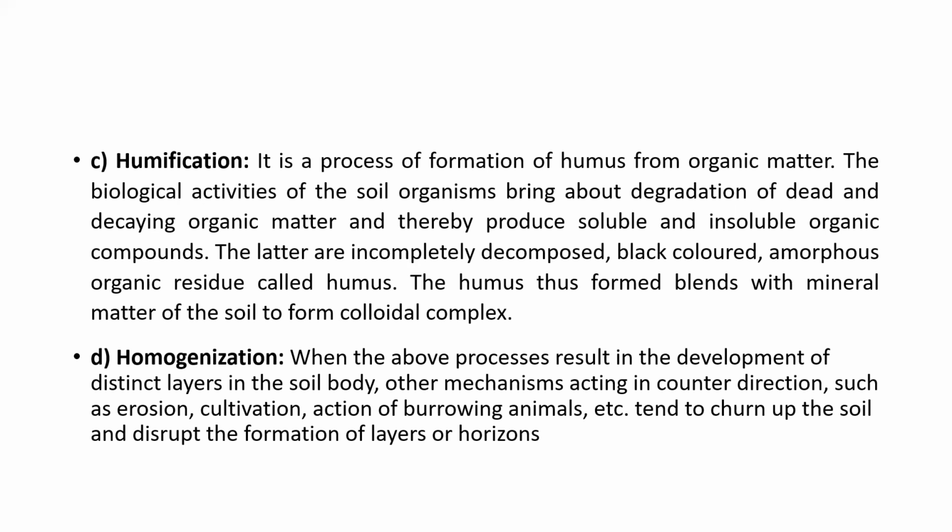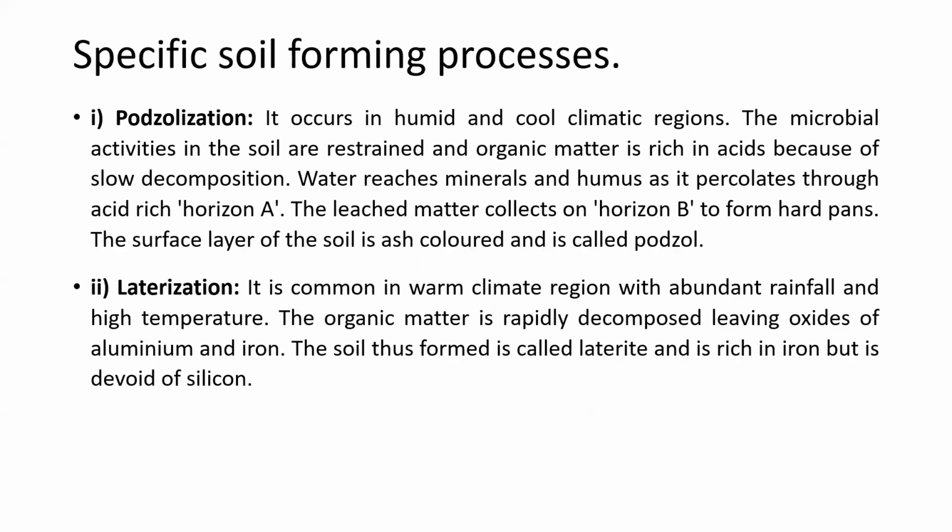Now, there are some specific soil forming processes we have to check out, like podzolization. It occurs in humid and cool climatic regions. The microbial activities in the soil are restrained, and organic matter is rich in acids because of slow decomposition.